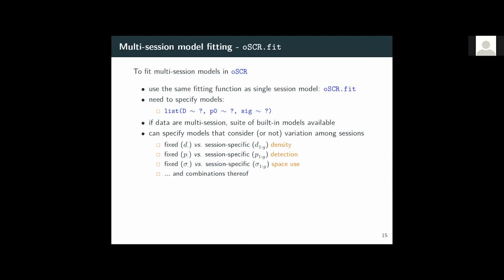So if we really are interested in comparing 2 population sizes or the density of 2 populations that we consider to be independent sessions, then we can fit that model now that we have the structures in place. And not only can we fit models for session-specific parameters, but we can also use combinations of session-specific or fixed parameters.